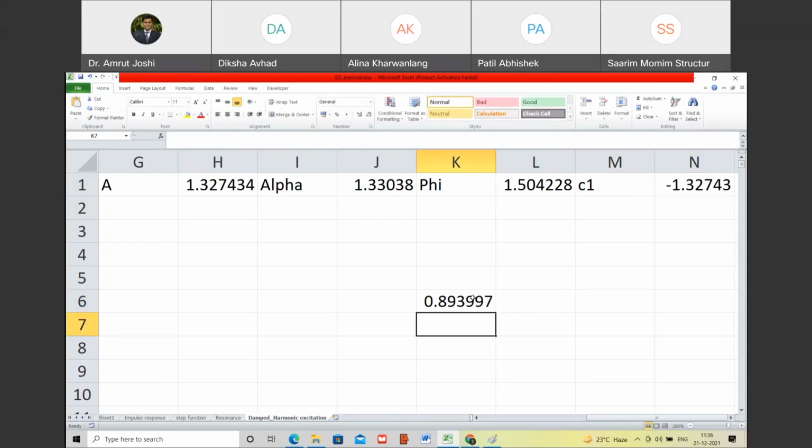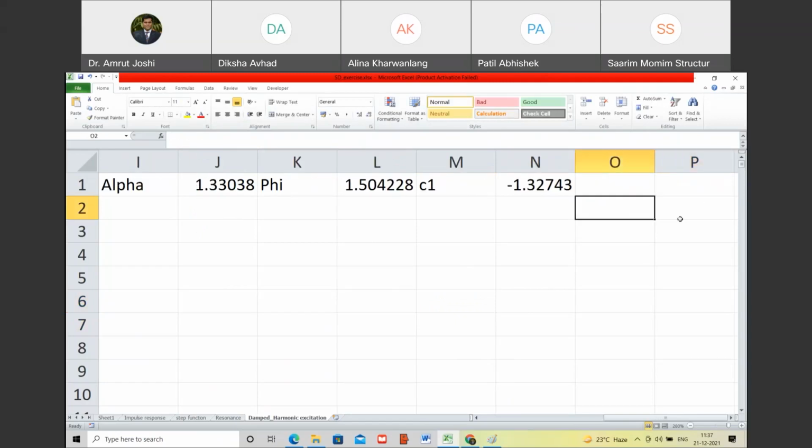But sine of 90 is not 1 here. So indication that it is taking the values of angle in radians. We can cross verify that by just saying sine of pi by 2. So sine of pi by 2, that turns out to be 1. So the angle is taken in radians. We are very sure. So this value of C1 is correct. Now what is the value of C2? C2. Bolo.